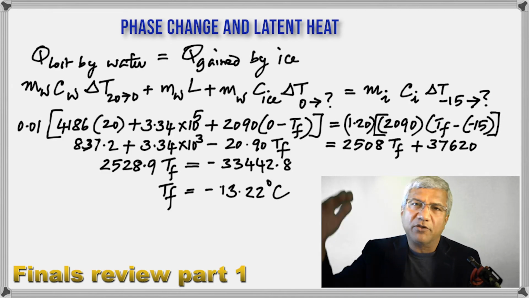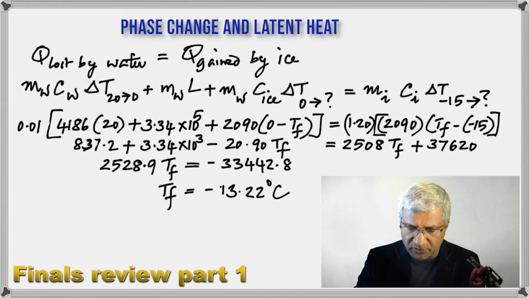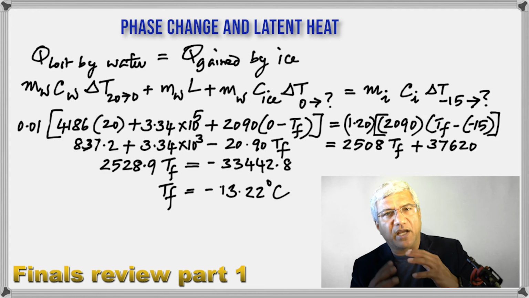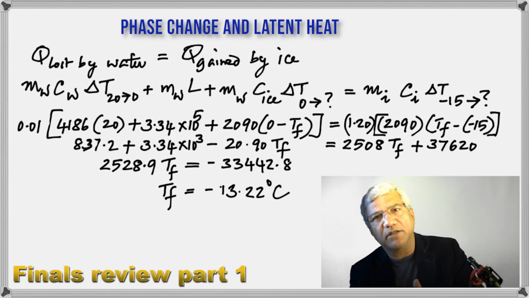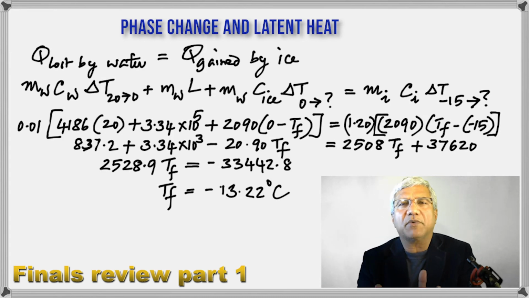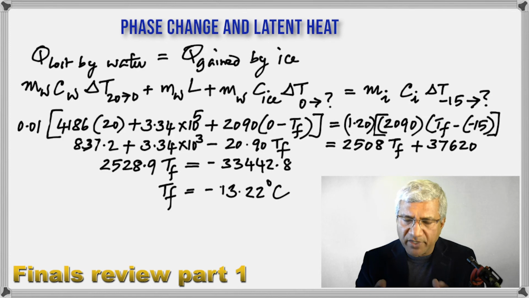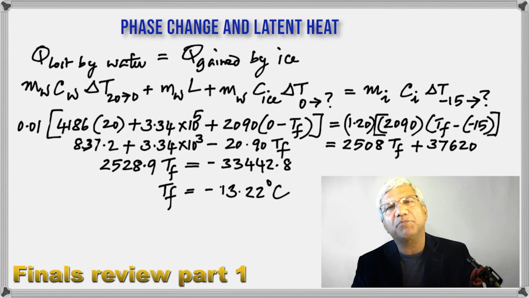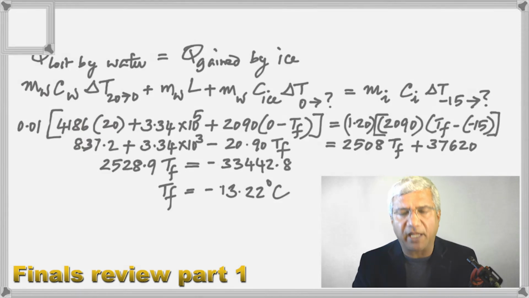What do you mean? The hot water cooled to negative 13.22 and the ice that was at negative 15 got heated to negative 13.22. So all of them are now at negative 13.22 degrees Celsius. This is a tough question, but if you understand this, you should be able to do any question in this part, and that was my aim.